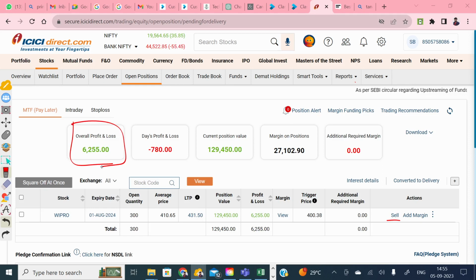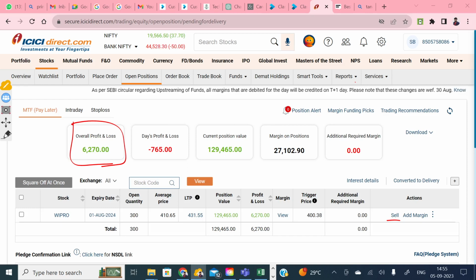So your point would be, why will the broker provide this 96,000 funding to you? See, nobody provides funding free of cost. So the broker will charge either a fixed amount, let's say 10 rupees, 20 rupees, 100 rupees, or it depends.